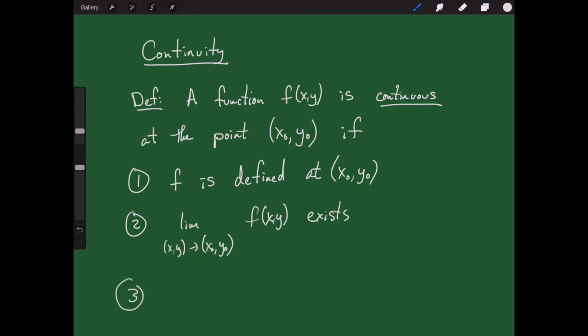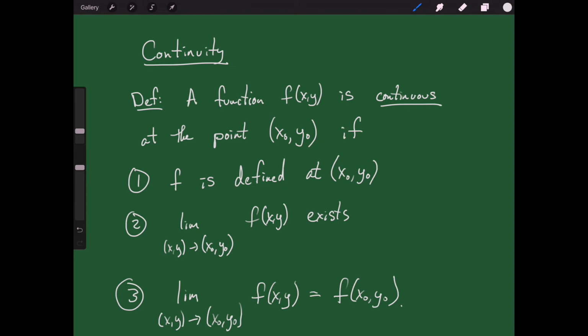And 3, those two values need to be the same. In other words, the limit as x comma y goes to x0, y0 of f of x, y needs to be the same as f of x0, y0.